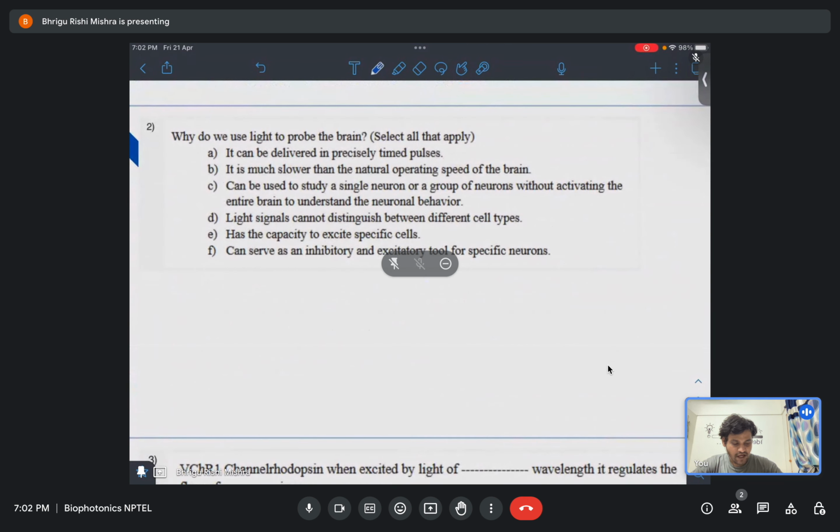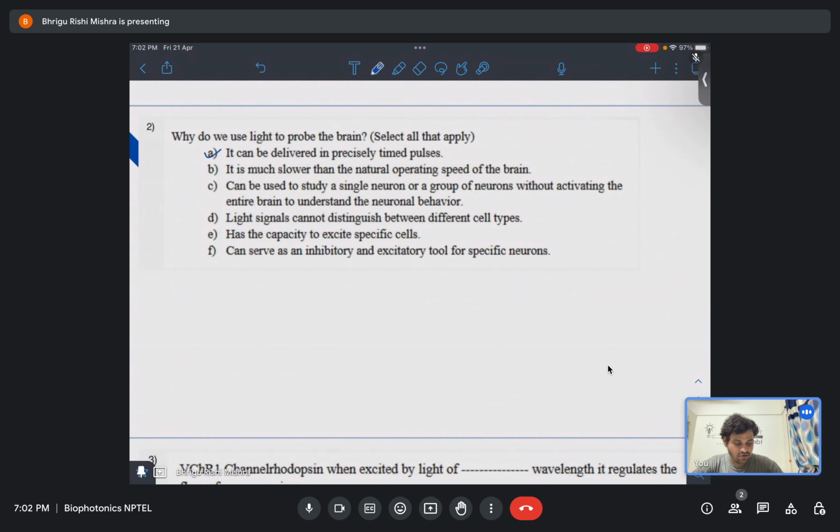Why do we use light to probe the brain? It can be delivered in precisely timed pulses. That is correct. It is much slower than the natural operating speed of the brain. This is wrong. It can be used to study a single neuron or a group of neurons without activating the entire brain.